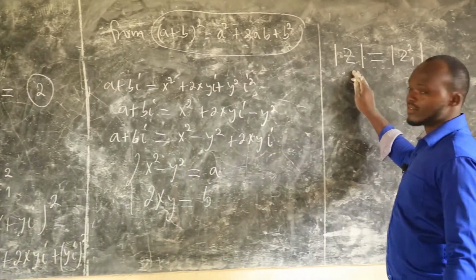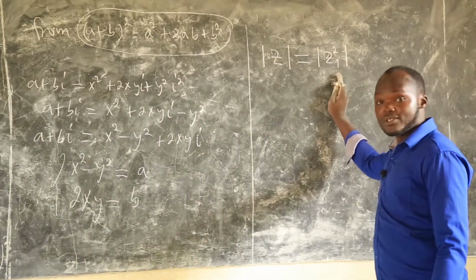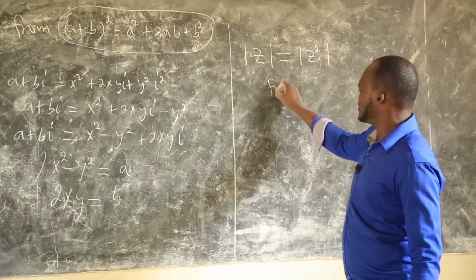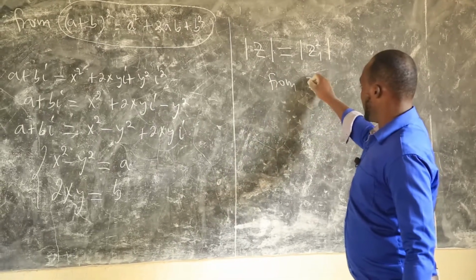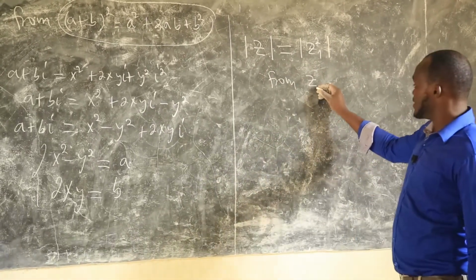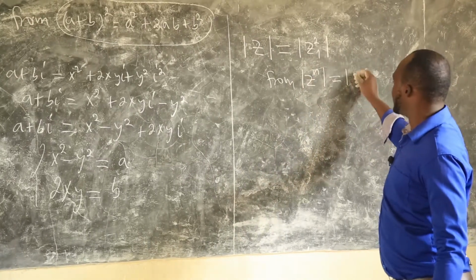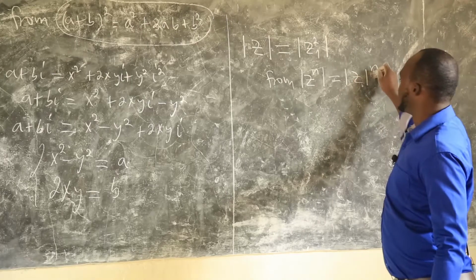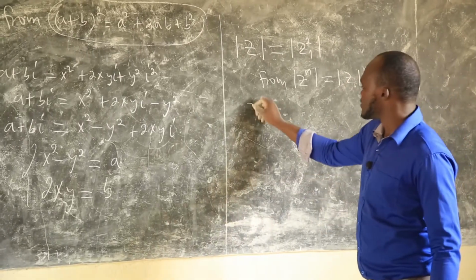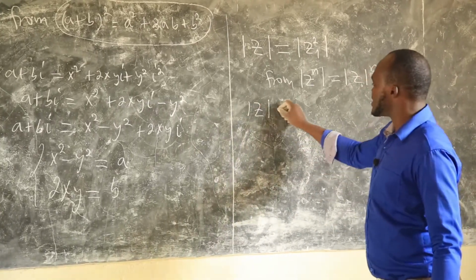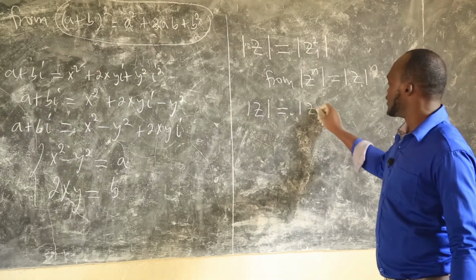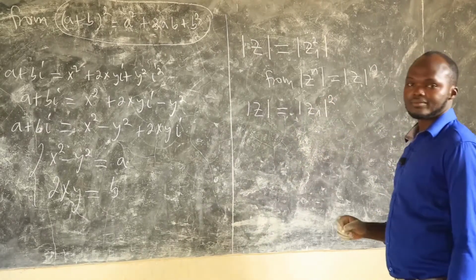From the modulus, the modulus of z to the power n is the same as the modulus of z then power n. So the modulus of z is the same as the modulus of z1, then squared.